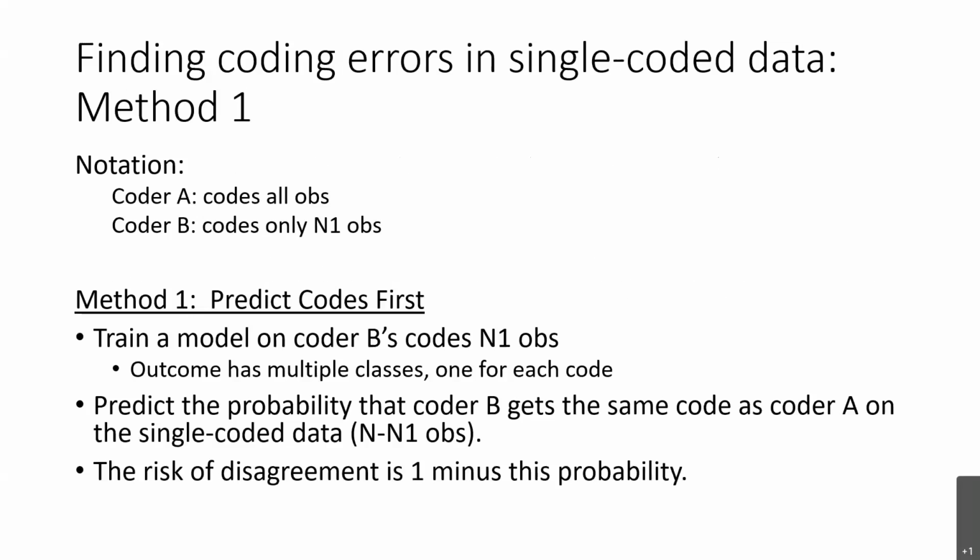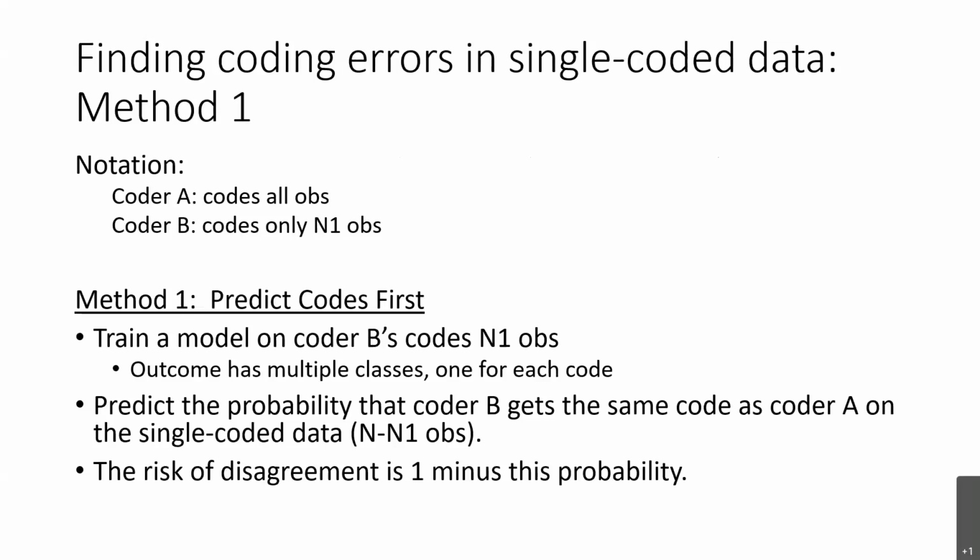And just to get the naming right here, we call the coder that codes all the observations coder A, and the coder that codes only the n1 observations for the double coding coder B. So the first method is labeled predict codes first. What we're doing is we're training a model on coder B's codes.